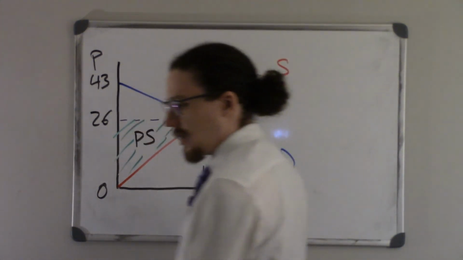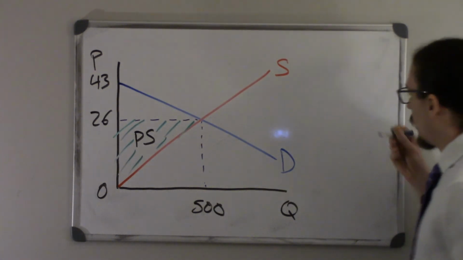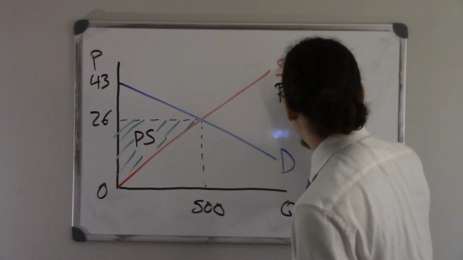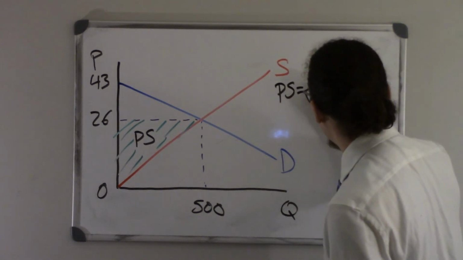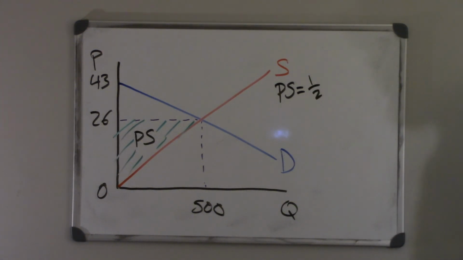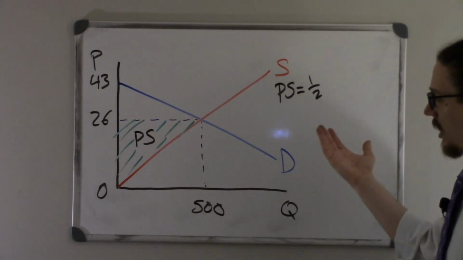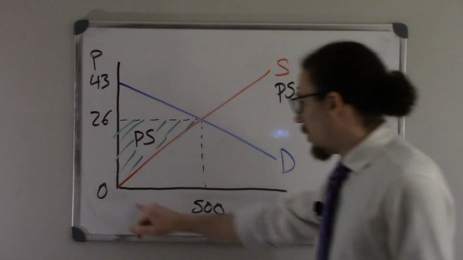We can calculate our actual producer surplus using a similar formula. I'm going to try to just sneak it in right here. So once again, 1/2 base times height, still using that area of a triangle to get our answer. We look for our base.